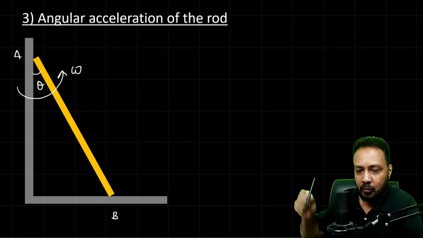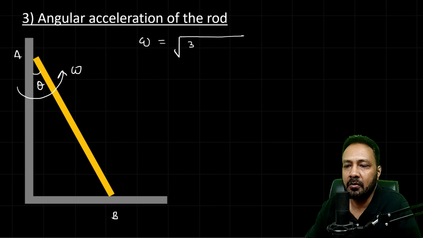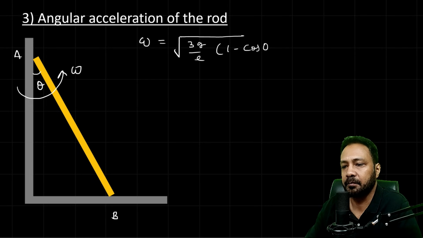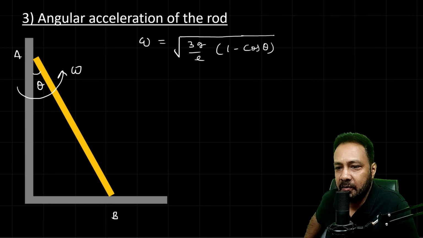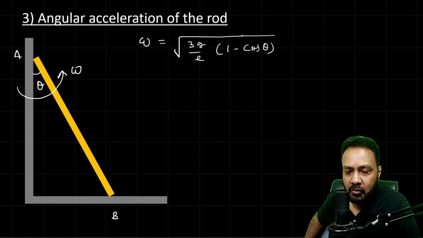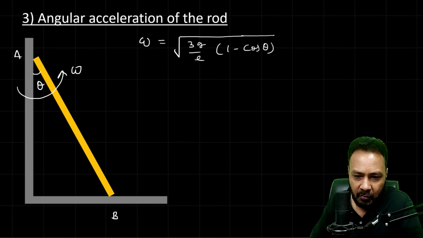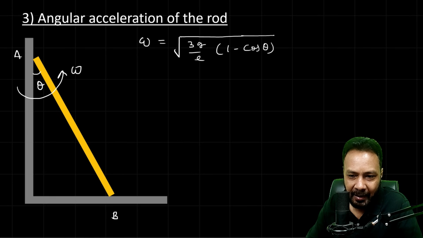Omega that we got just before is square root of 3g by L (1 minus cos theta), and this omega is changing with theta. So now we have to find the angular acceleration of the rod. Let me assume that this angular acceleration is, say, alpha, like this.